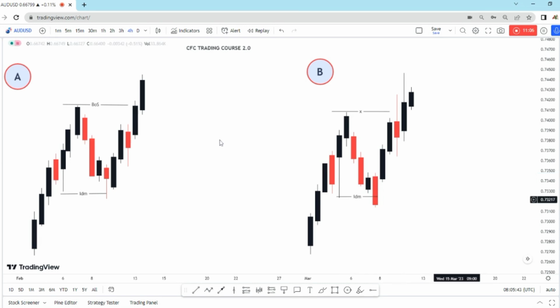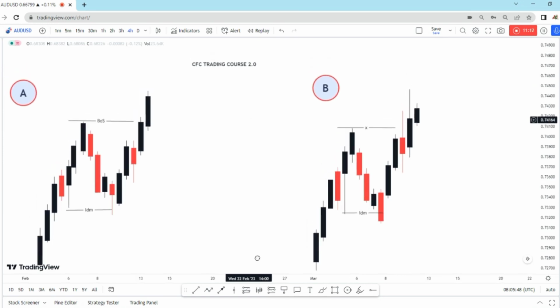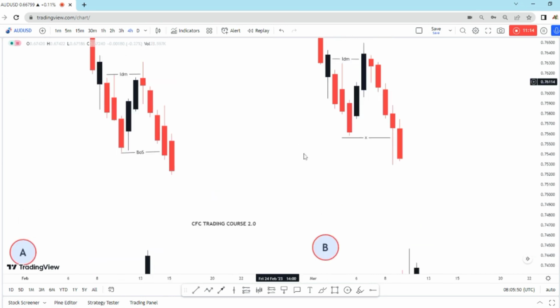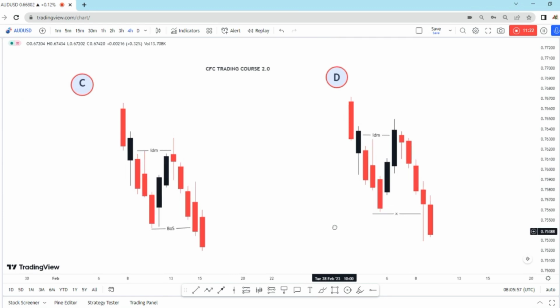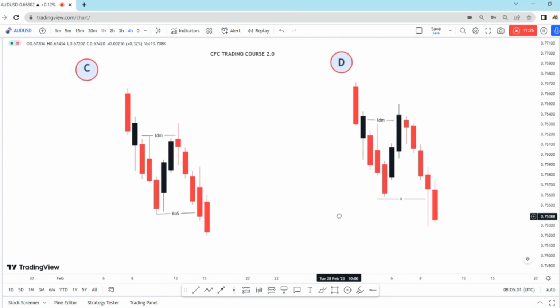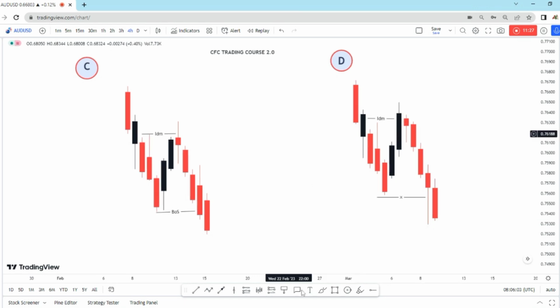All right. So let's move to a downtrend. In a downtrend, you can see price is moving to the downside in these two diagrams, diagram C and diagram D. If price is moving to the downside, we need to identify our impulsive and also our corrective moves.